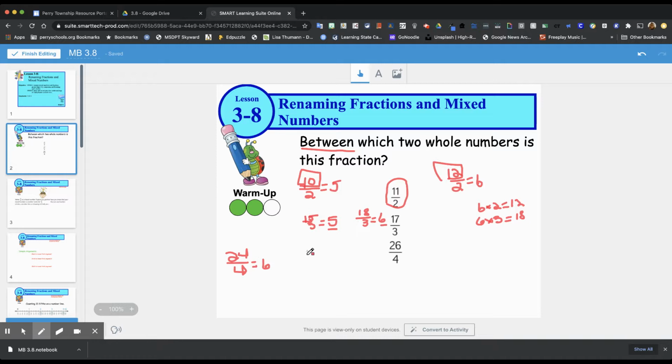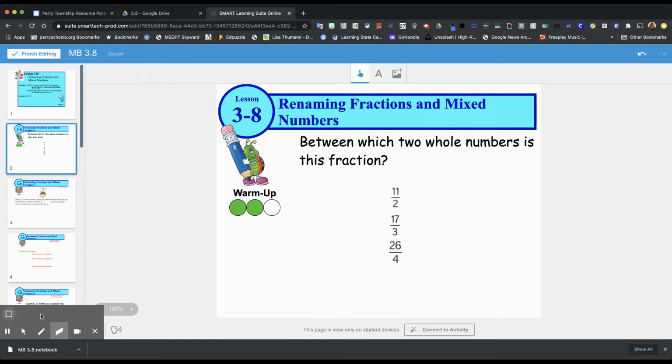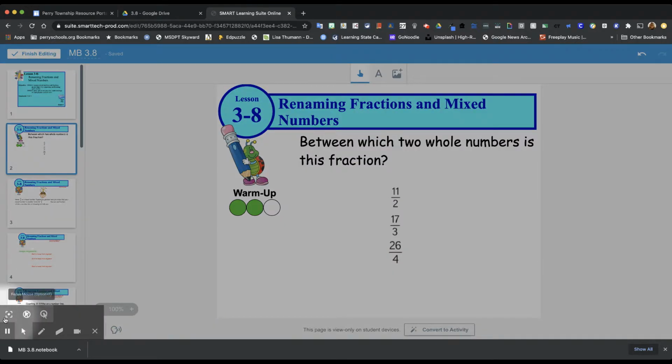I know 28 divided by 4 equals 7. So 26 fourths would be somewhere between 6 and 7. Notice we're using numbers that we know and understand. We're using those base numbers, kind of like we did from lesson 7, those benchmarks.